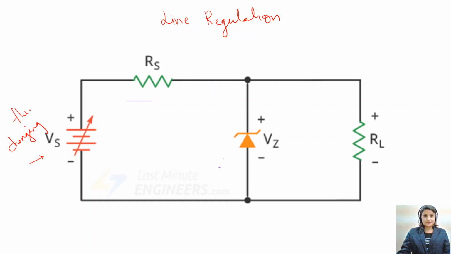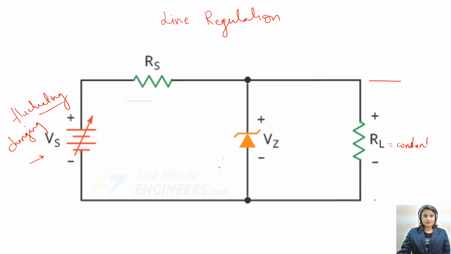That means its value is fluctuating. And a Zener diode is kept in parallel. See, the Zener diode is always kept in reverse bias condition. A source resistance is kept here, and here is the load resistance whose value is constant.